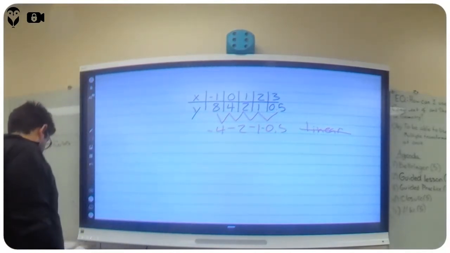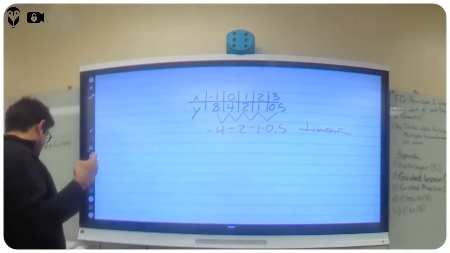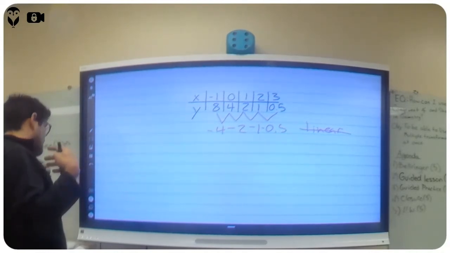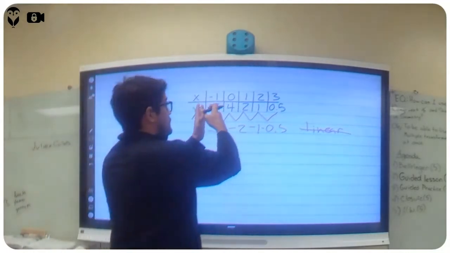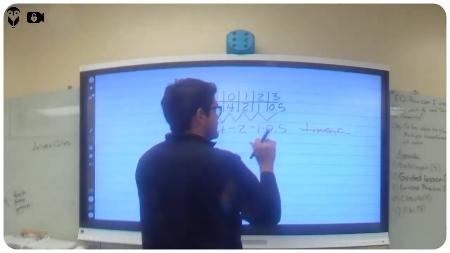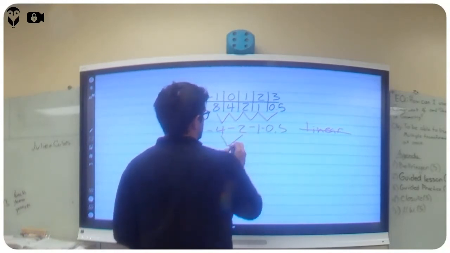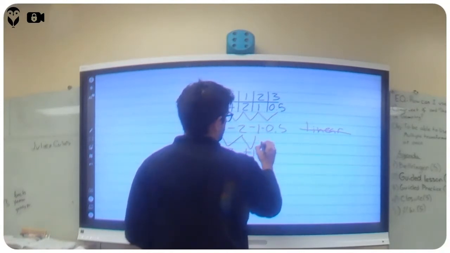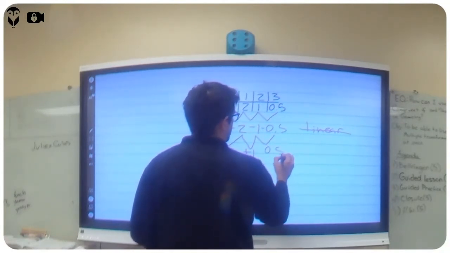Now we're going to check again the same exact thing to check if it represents a quadratic function. If you do this and it doesn't work out, and if you do it again and it does, then it's quadratic. So let's check it. This goes up 2, up 1, up 0.5.